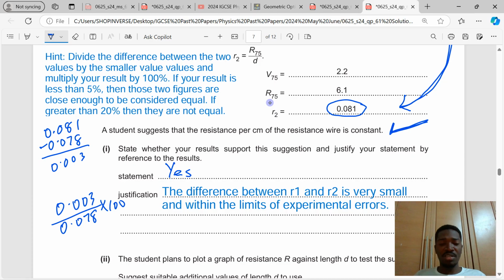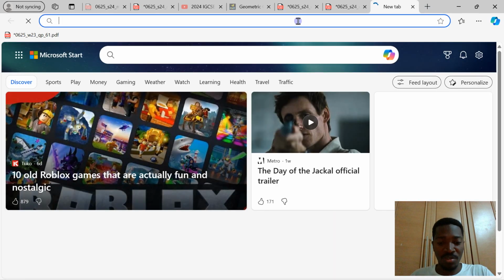If what you are getting is smaller than 5%, then you can say it is equal. If it's bigger than 5% but less than 20%, it is left to your judgment. But anything bigger than 20%, they are not considered equal.